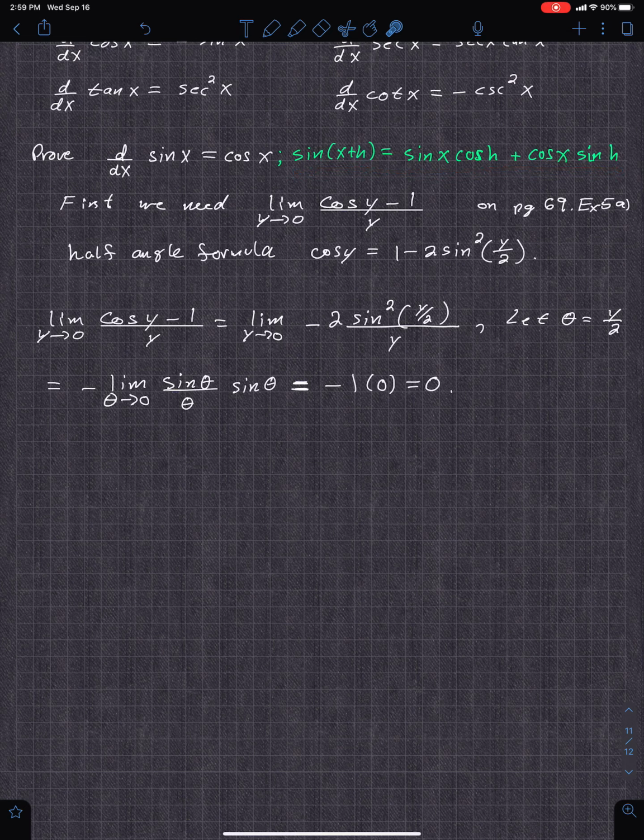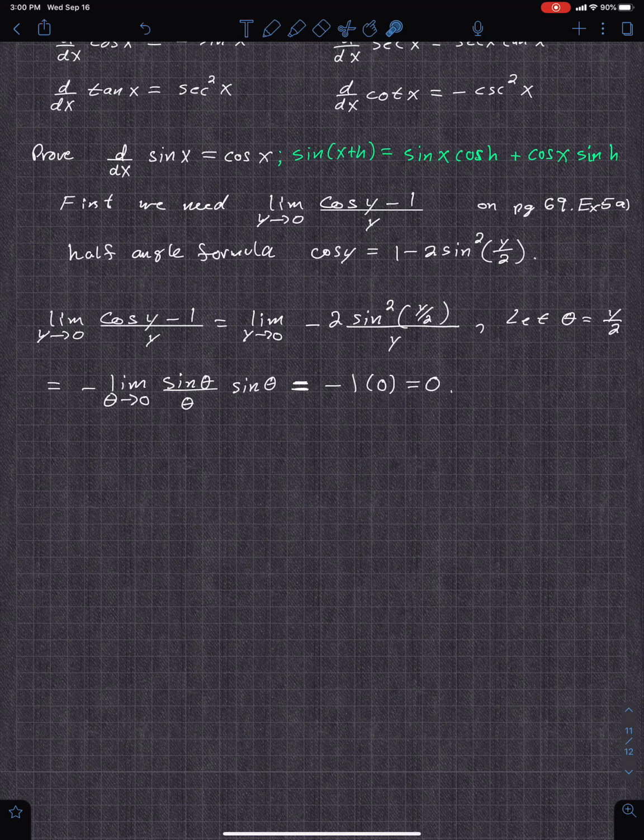So you have alpha plus beta, and this is how you'd expand it out. We're going to be using x and h, so I showed it in terms of x and h for our limit definition of derivative. So sine of x plus h is sine x cosine h plus cosine x sine h.